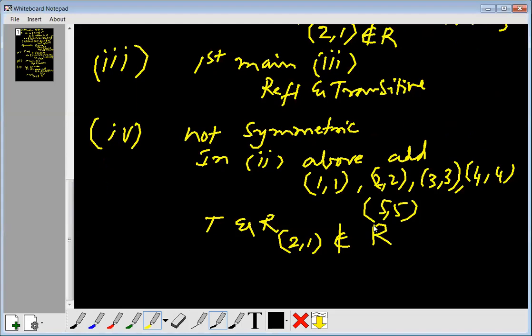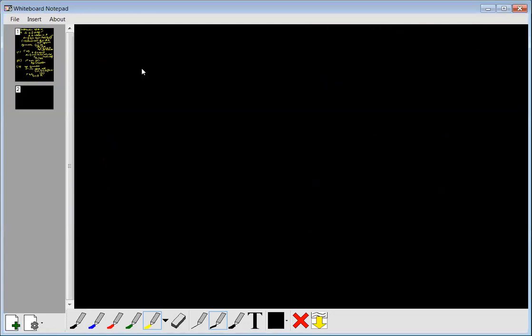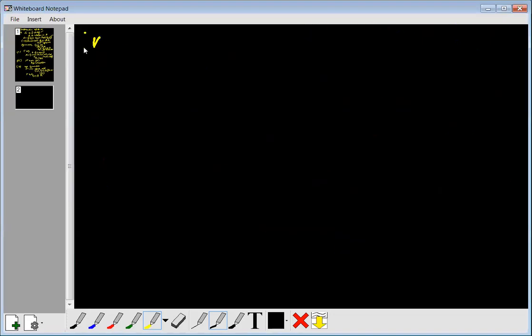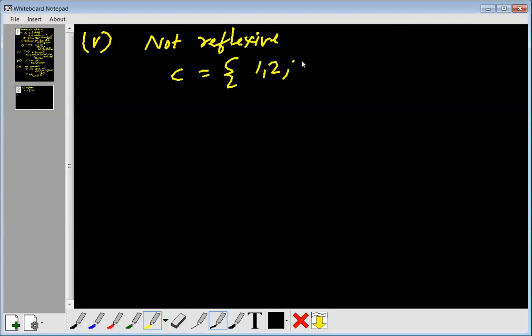The last one, symmetric and transitive, but not reflexive. So these are all easy, symmetric and transitive. So I'll take a next page. Fifth one. So it has to be symmetric and transitive, not reflexive. So let's take C equal to 1, 2, 3, 4.